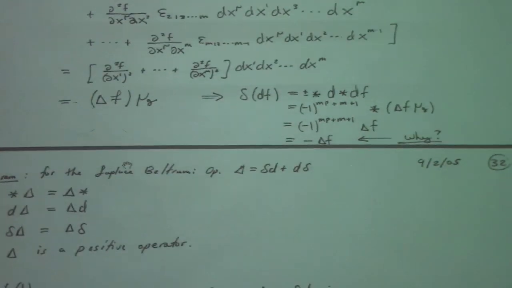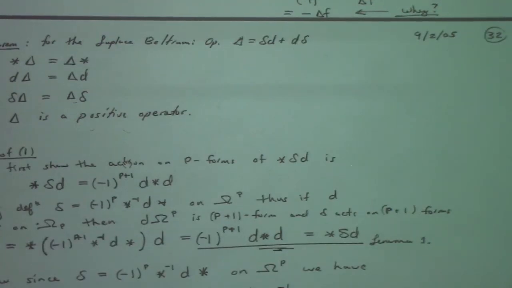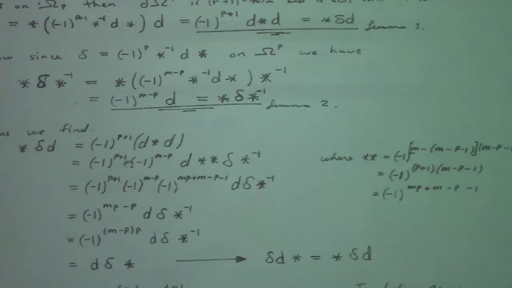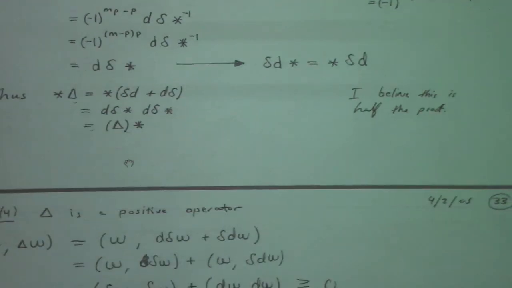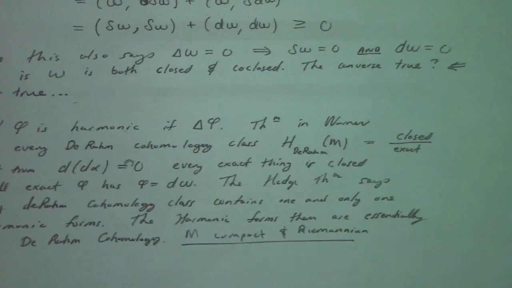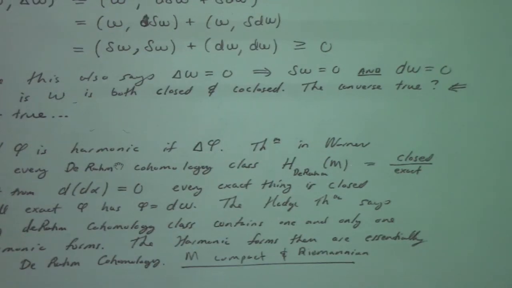All right, so some formulas for the Laplacian and the... Man, this is fun stuff. But, oh, here's a definition. Phi is harmonic if triangle phi, what? I think equal to 0. Okay. That's a theorem in Warner says that the de Rham cohomology class over the manifold is the closed forms mod the exact forms.